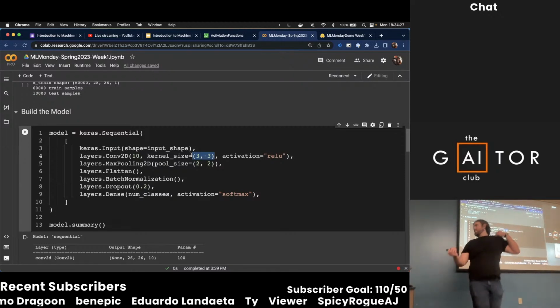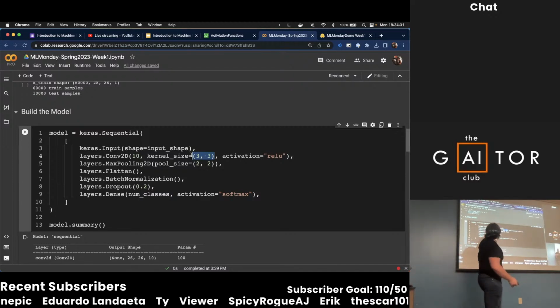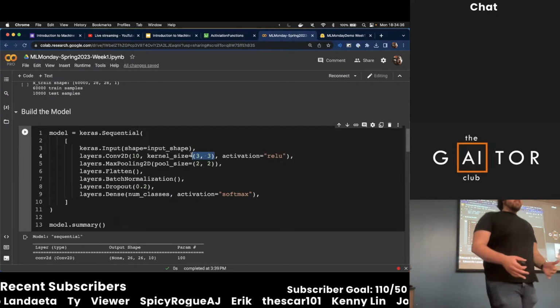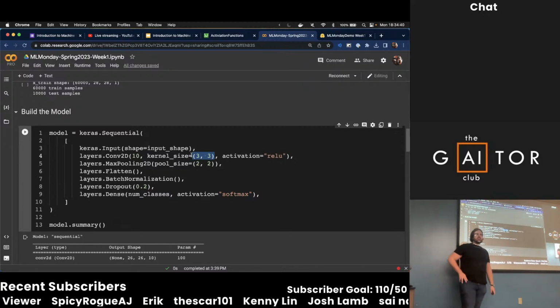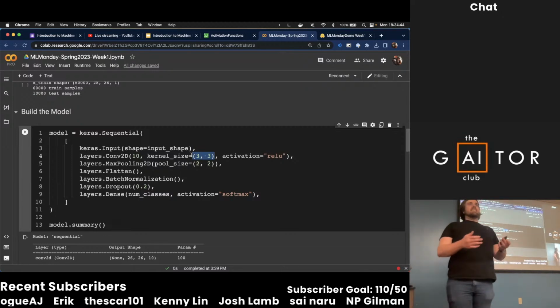So let's actually talk about what those are. A hyperparameter would be something like the size of these values, like 10, 3 by 3, something like that. And in machine learning, you can find the optimal parameters for these.